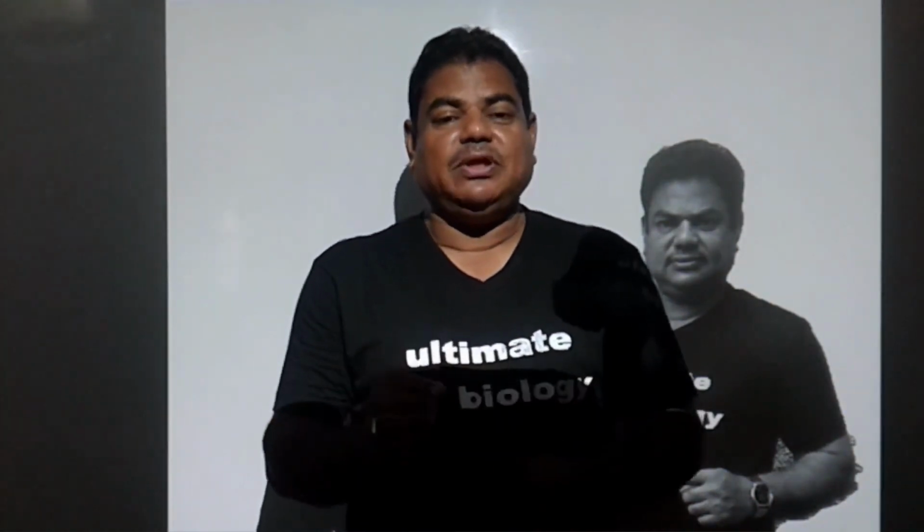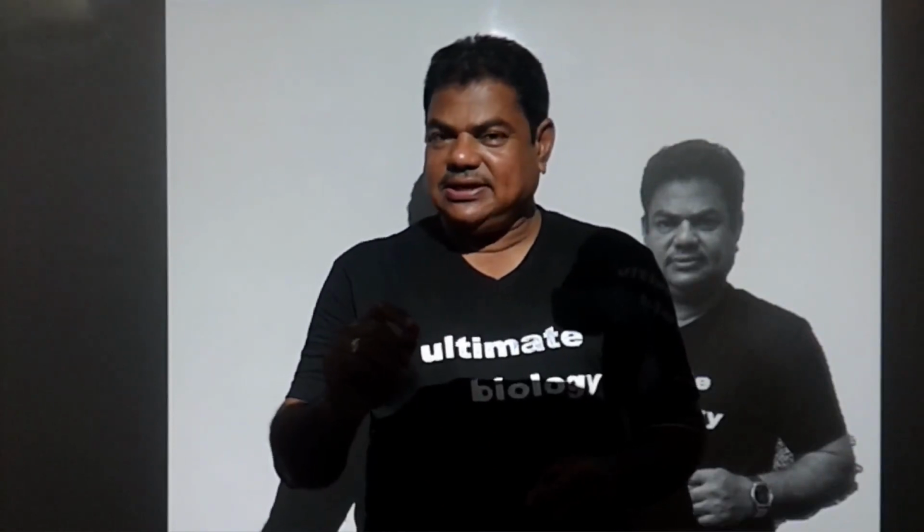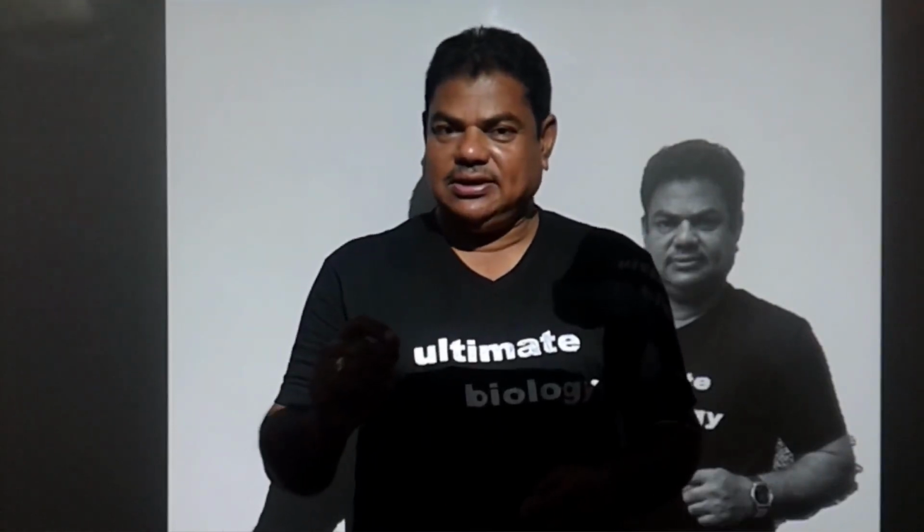And in this human reproduction, in the coming videos, we will see the details of the male reproductive system, then the female reproductive system. Next topic is gametogenesis, that is TS of testes, TS of ovary, spermatogenesis, oogenesis, structure of sperm, structure of ovum.